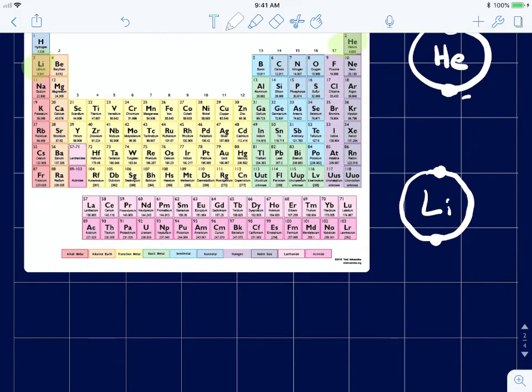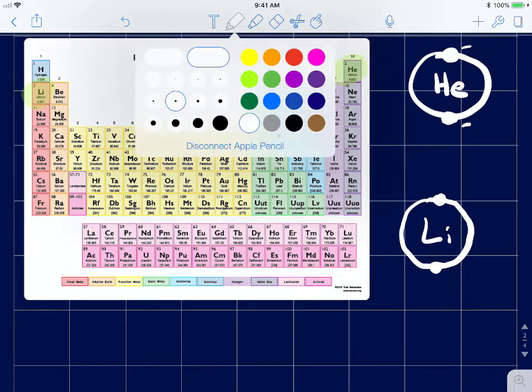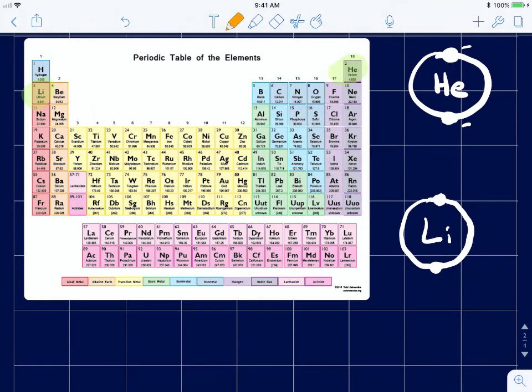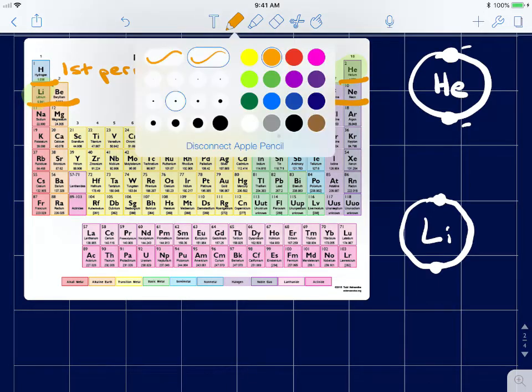And that makes sense to us because if we look at the periodic table here, we can see that the first period of the periodic table is hydrogen and helium. Then we're forced to go to the second period, the second row. This is going to be the second shell.